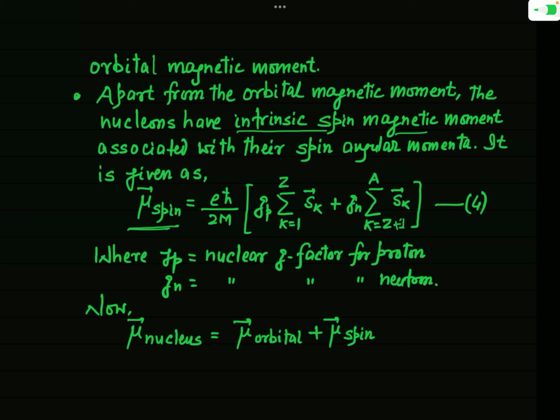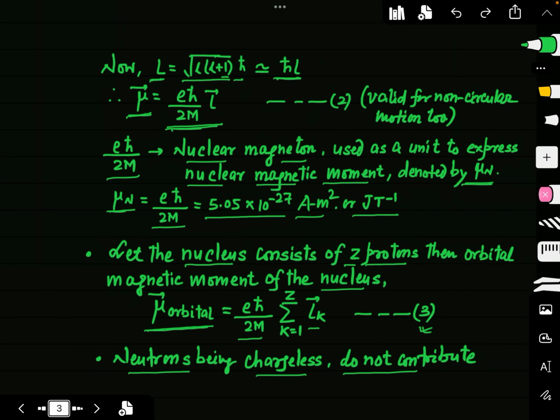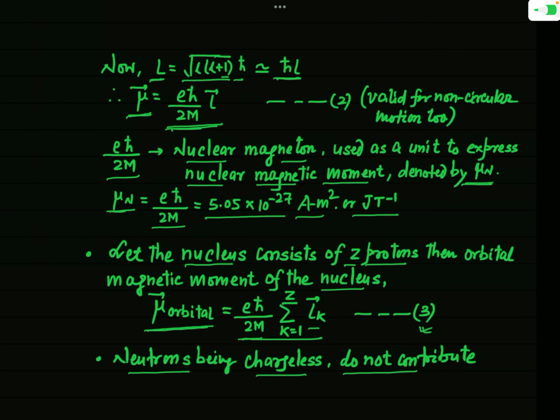What will be this? You have seen the expression for mu orbital. This is the expression for mu orbital. We will write the same expression for mu spin, but instead of this Lk, now we will have to write the spin angular momentum Sk.